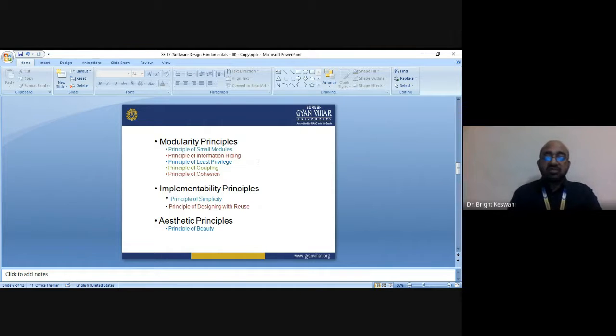So this is the principle of least privilege. In the worst case, a module with access to unneeded resources can be the source of serious problems such as security breaches.